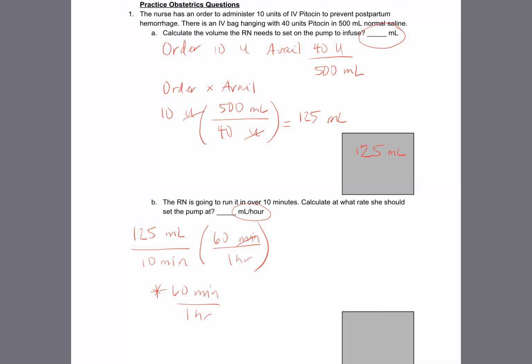Your minute units cancel, and you're left with 750 mLs per hour. Final answer for number 1, part B.